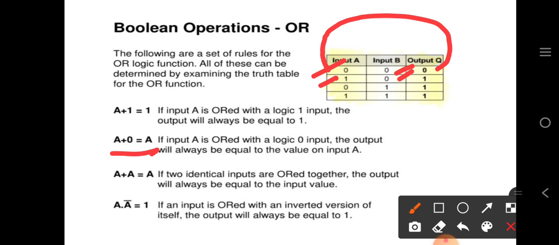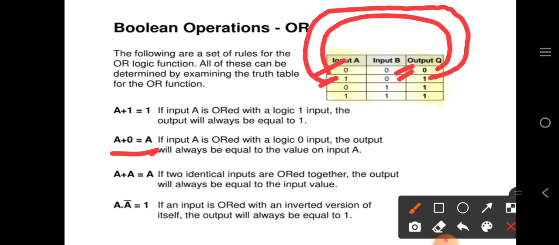So in the first condition the output is 0 because the first input is 0, and in the second condition the output is 1 because the first input is 1. Okay, so don't get confused here.